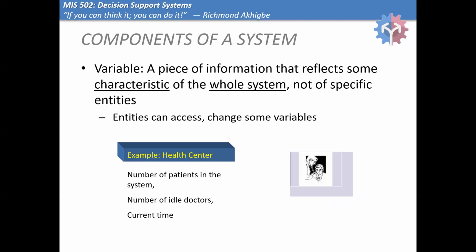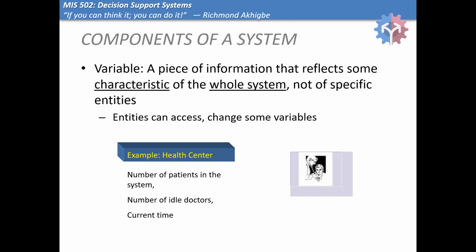For example, number of patients in the system. Is this a characteristic of the whole system or a particular entity? It's the whole system, right? Right now I have 5 patients in my system. I'm now talking about the whole system. Or the number of idle doctors. I'm talking about the whole system, not about a specific one. Or the current time clock, if that is required. Entities can access or change some variables.